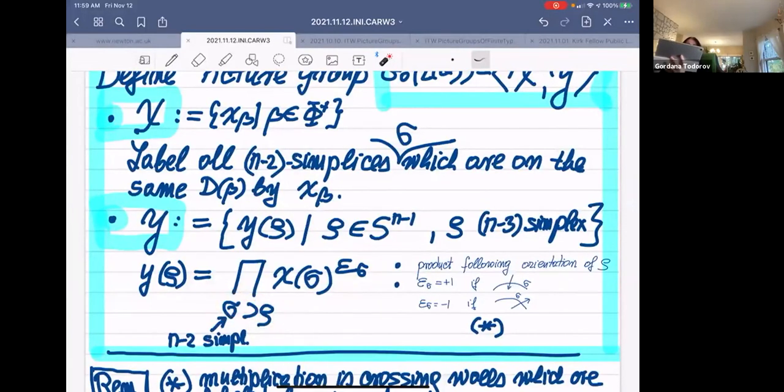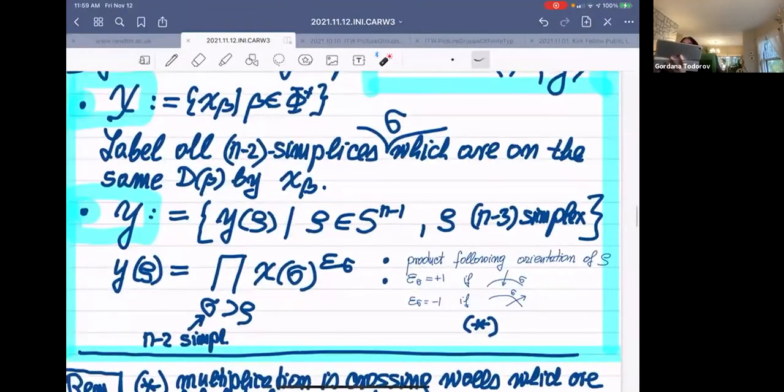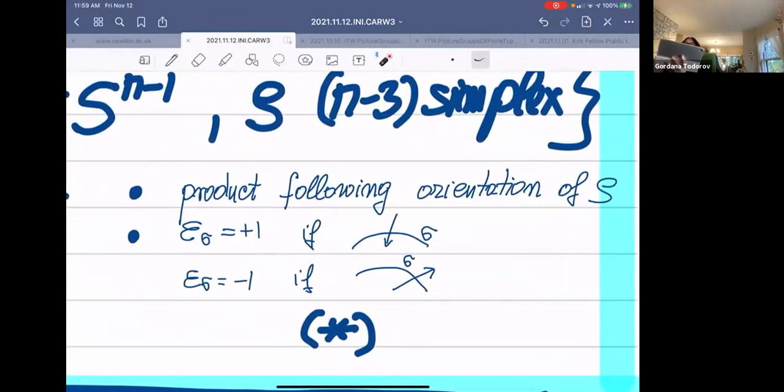So sigma will be an n-2 simplex, rho is an n-3 simplex. These are all sigmas which contain rho. And I take the product of all of these x sigmas, with plus or minus. I just wrote here, the product follows the orientation of rho, which means we'll be going around.